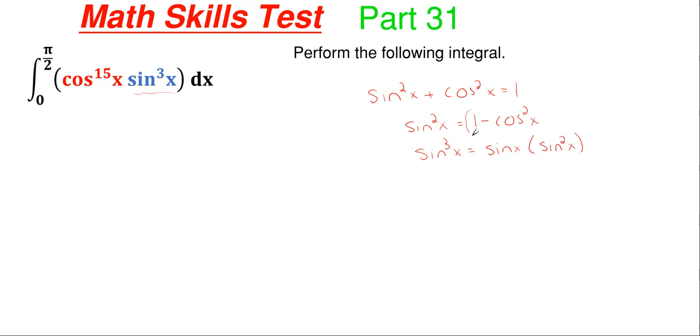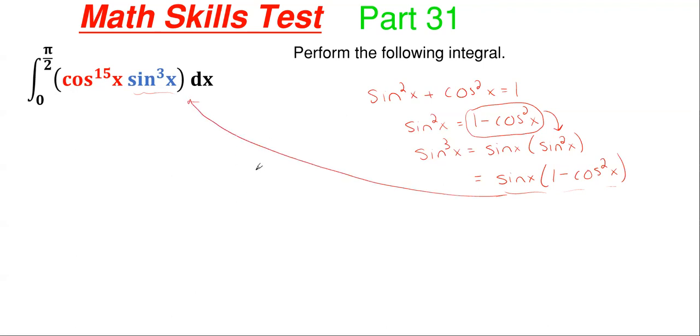So sine cubed x essentially is just sine x multiplied by 1 minus cosine squared x. I'm going to plug this in for my sine cubed over here.